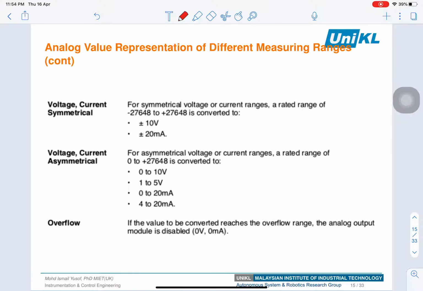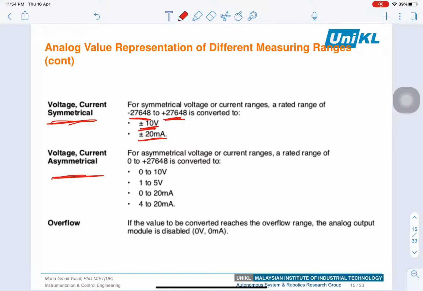Analog output can also be configured in symmetrical and asymmetrical manner. For symmetrical, the decimal unit is always minus 27,648 to plus 27,648. So this range will be converted into plus minus 10 volt or plus minus 20 milliamp.